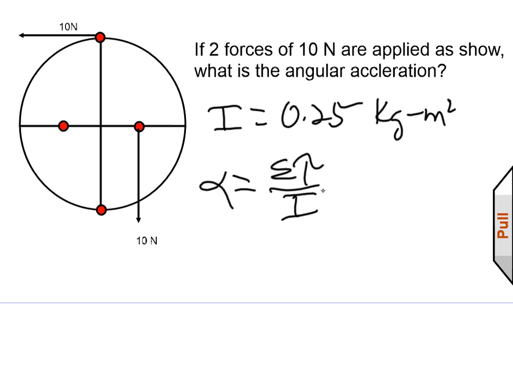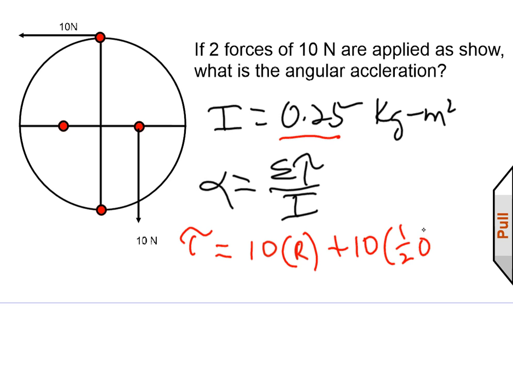Now what's the net torque? I, we know, is that number over here. These two forces exert torque. So the net torque is equal to the first force, which is 10 newtons, acting at a distance of R. The other force is 10 newtons, but acting at a distance of 1/2 R, and it's in the opposite direction.